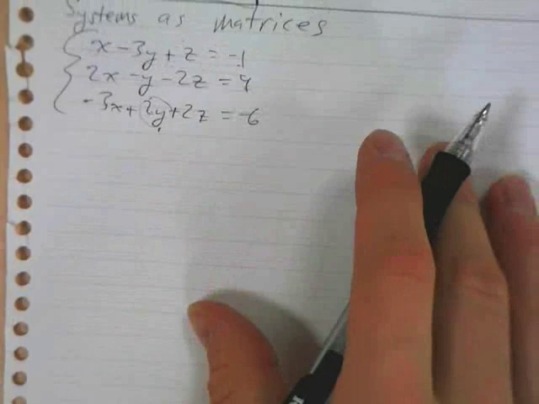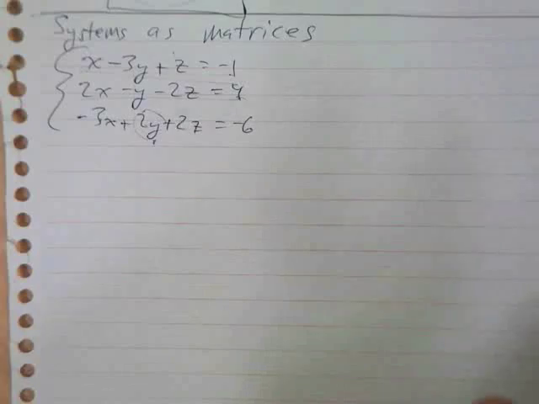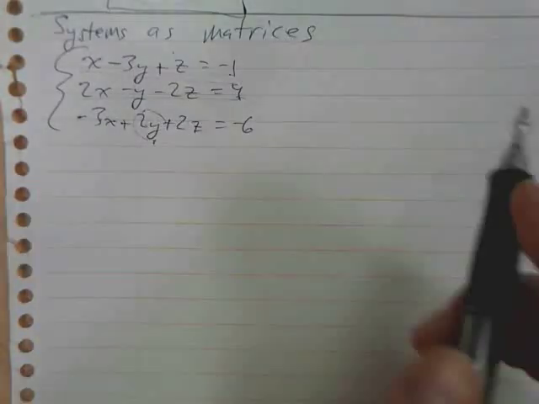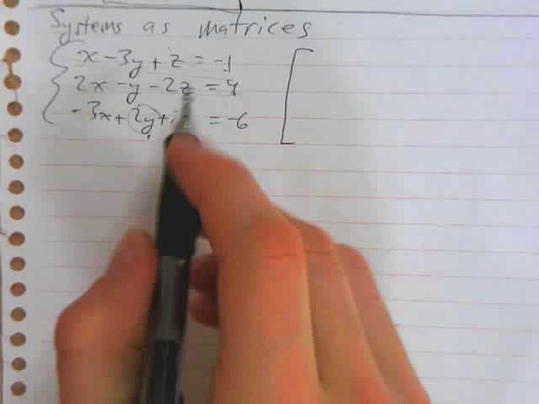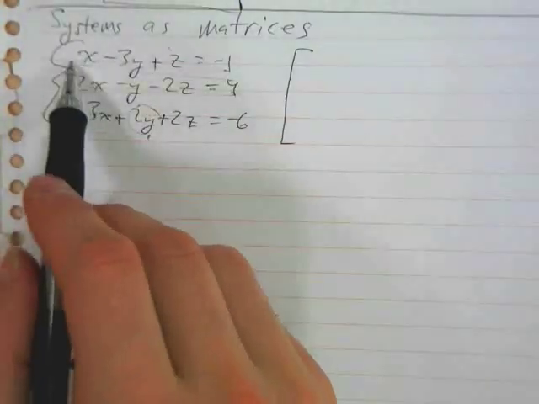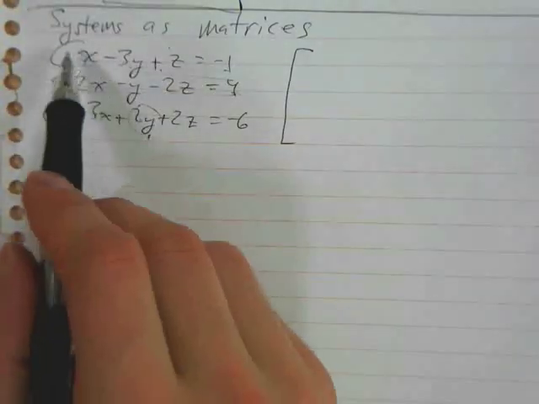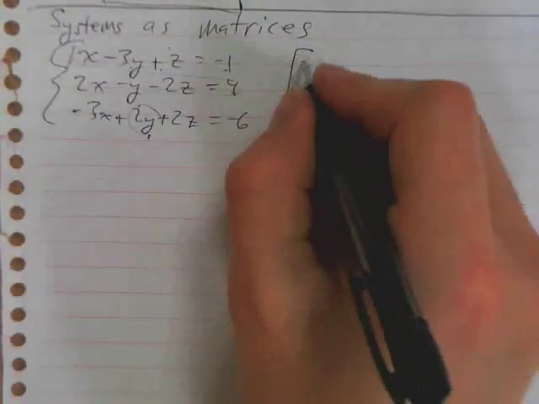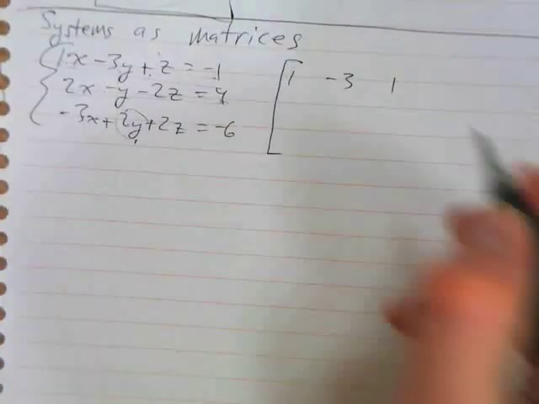Okay? We can do that whole process as a matrix. And I think doing it as a matrix, it's the same process, but I think it's a lot cleaner when you represent the system as a matrix. And you can do that just by putting the coefficients on your variables as the entries in your matrix. We've got here a 1x minus 3y plus z.